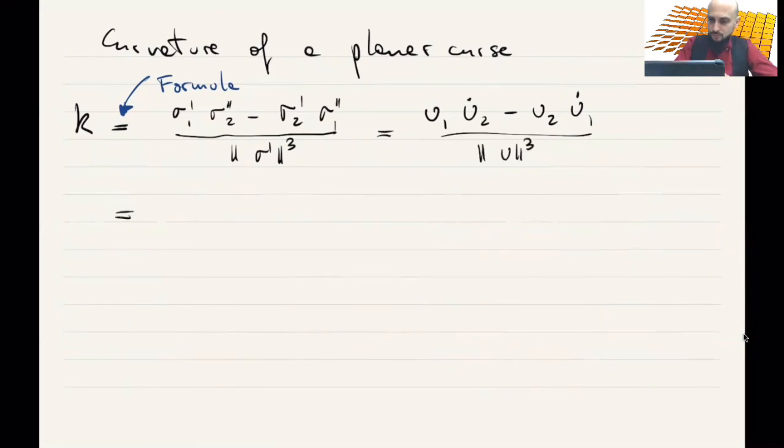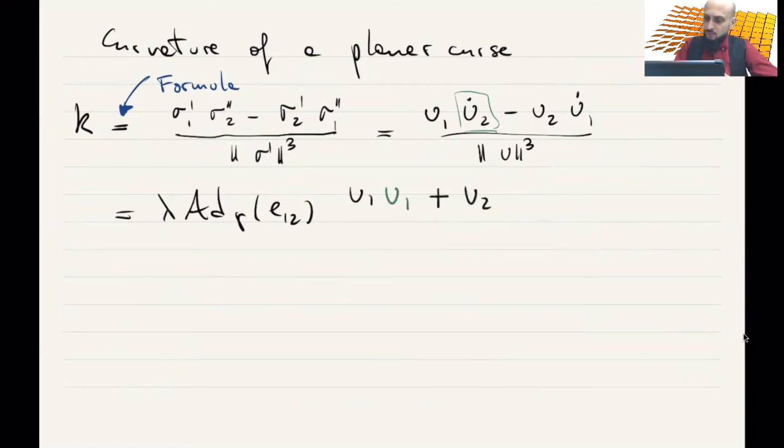Now the equation before, we have lambda ad gamma e12, and then you have u1 for e2 dot, we had u1, and then there was a change of sign, u2 u2. Okay, and this object here is the norm square of u.